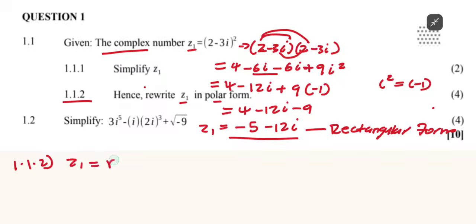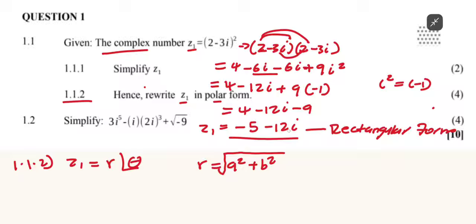Polar format is r at an angle, like this, modulus at an angle. How can we find r? r is given by the square root of a squared plus b squared. This a we get from where?